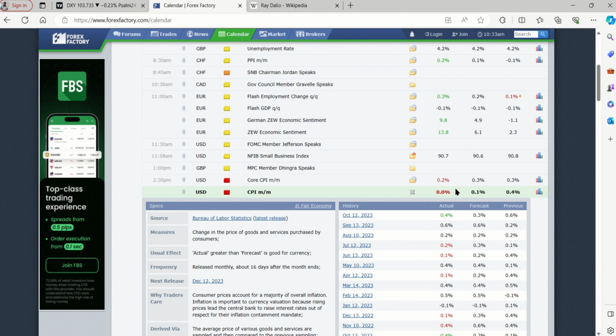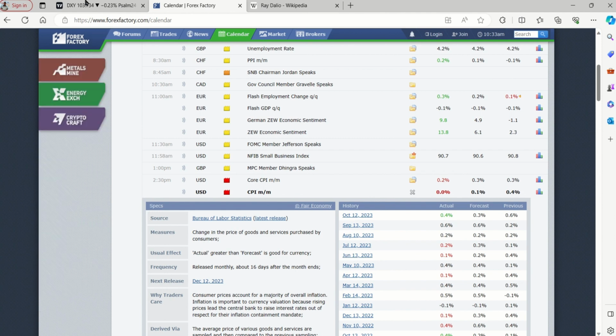All right. So what did we see? These figures triggered a strong response in the market, leading to gains in the US stock market, depreciation in the value of the US dollar, and a decline in Treasury bond yields. I will show you the chart of the US dollar and then that of the stock market, which is the S&P.